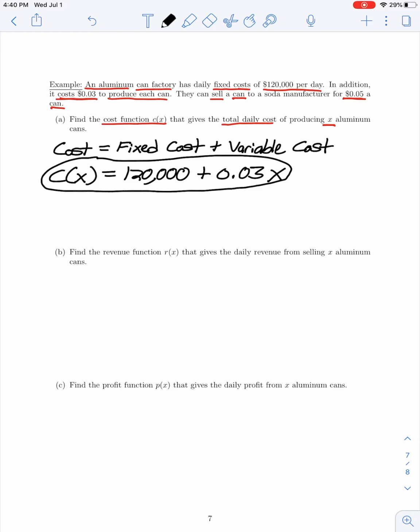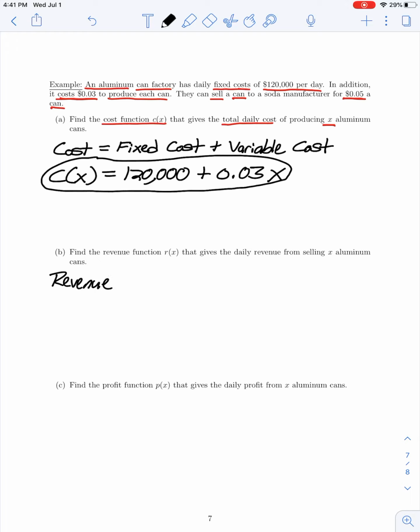Now in part B, we're asked to find a revenue function, R of x, that gives the daily revenue from selling x aluminum cans. So if we produce x cans and we're able to sell all of them, we want to know what our revenue would be.